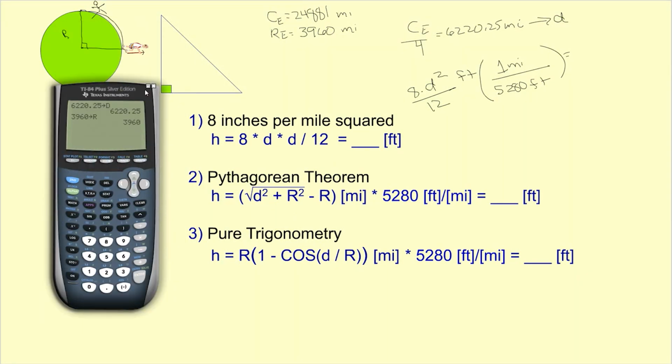Okay, we're ready to go. 8 times distance squared divided by 12. And when you do divide, the calculator does left to right evaluation. So 5280. This is totally doable. And this is your answer for equation number 1, the 8 inches per mile squared.